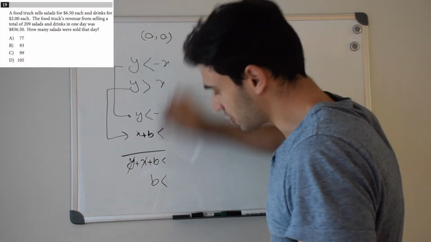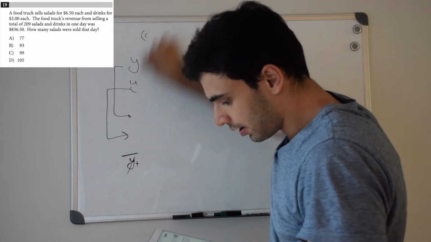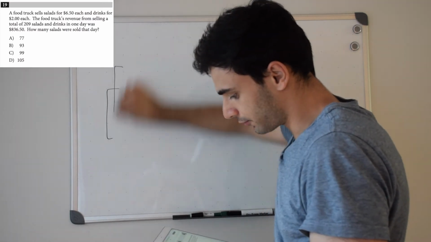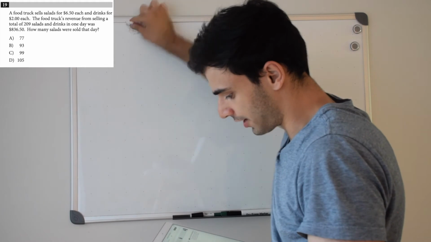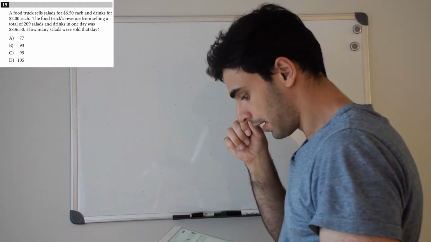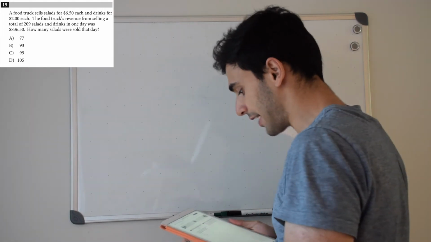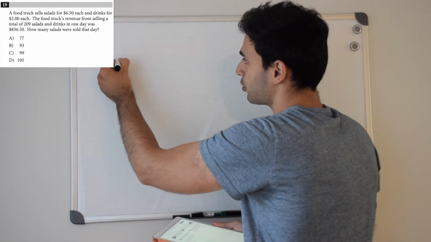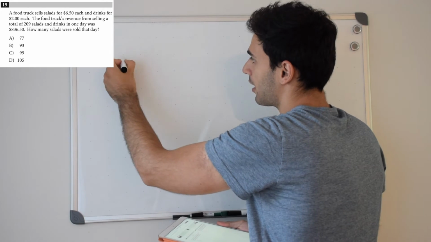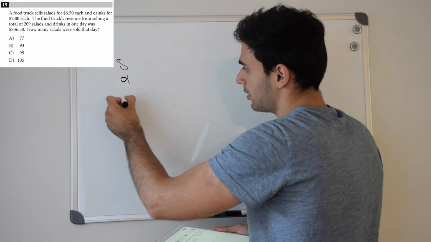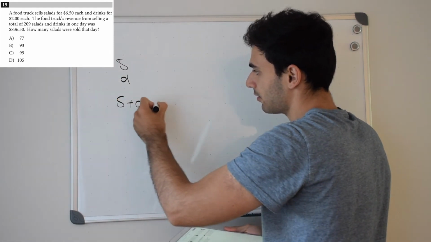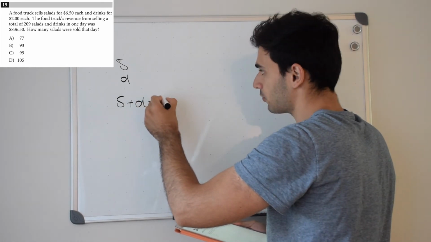Okay, question 19. A food truck sells salad for $6.50 each and drink for $2. The food truck revenue from selling a total of 209 salads and drinks. So salad I'm going to show with S, and drink is going to be D. So S plus D is 209.